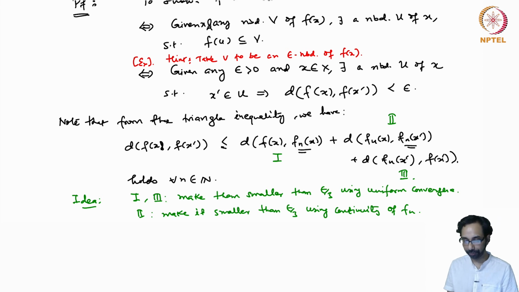In this way the sum of all these three, epsilon by 3, epsilon by 3 and epsilon by 3, will be less than epsilon.